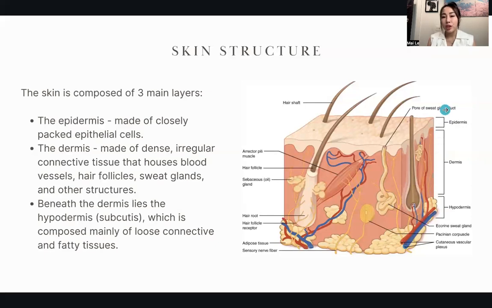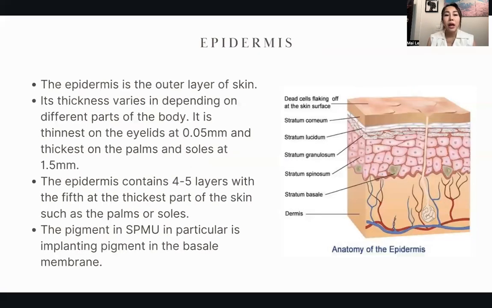Now we will talk about how this plays into permanent makeup in just a little bit. I'm going to zoom through the structures of the skin because, again, you can read about this. Basically, the thinnest part of the skin is on the eyelids, and the thickest part is on the palms and the soles.